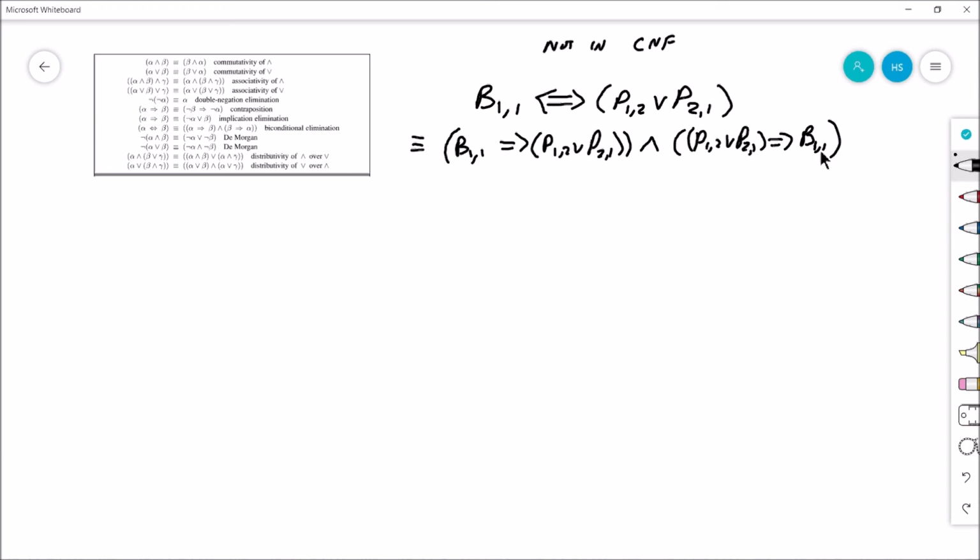Now, another transformation I'll do will be by implication elimination, right? So that one right there.